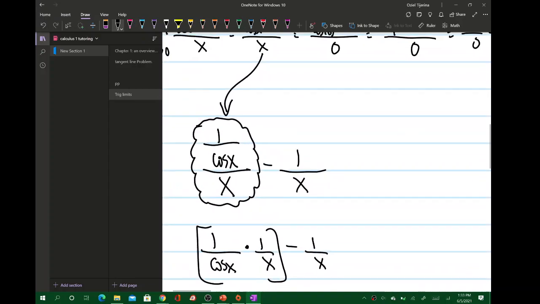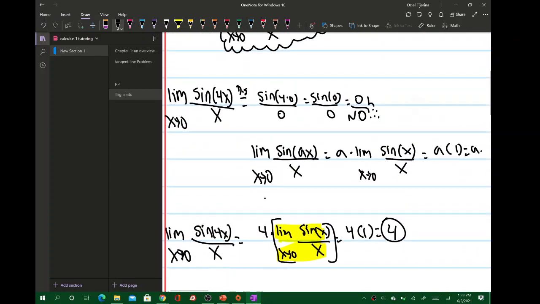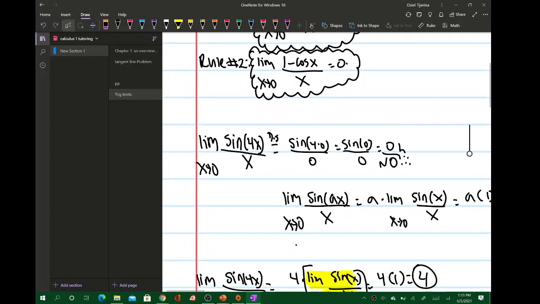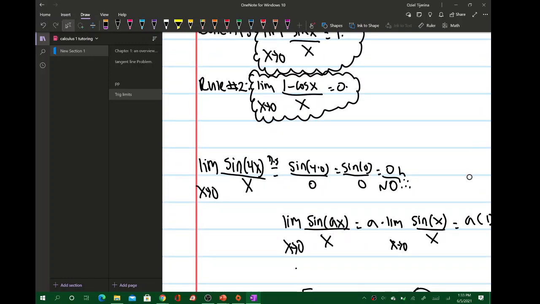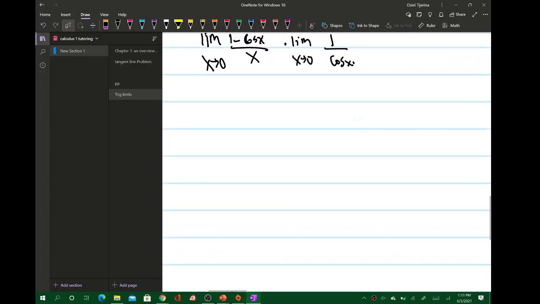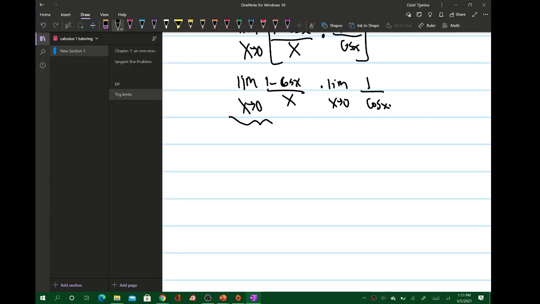And we know from up here that the limit as x approaches 0 of 1 minus cosine x over x equals 0. So we have 0, times 1 over the cosine of 0, which is 0 times 1 over 1, which is just 0.